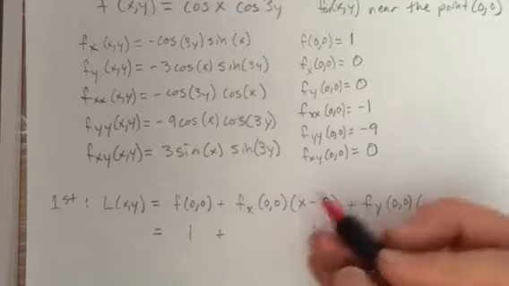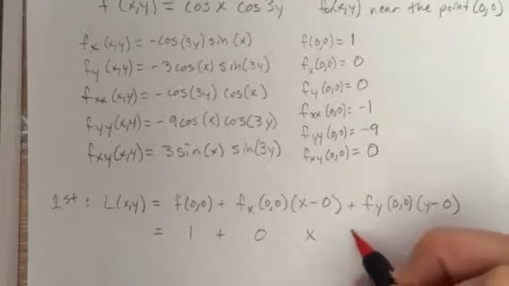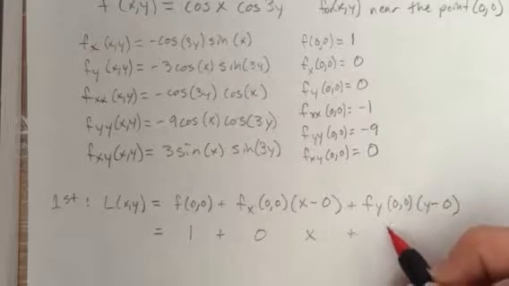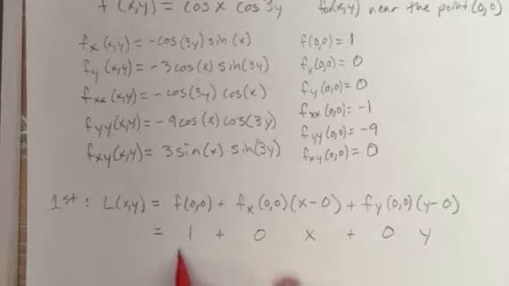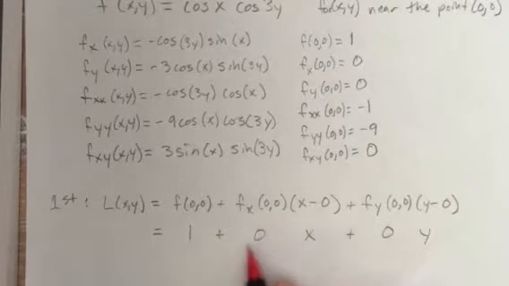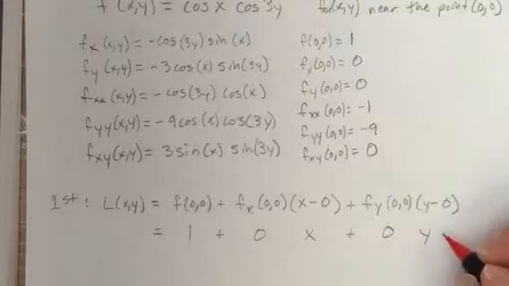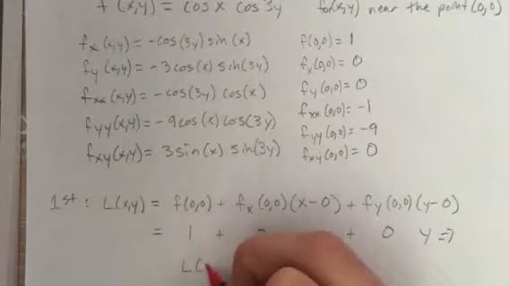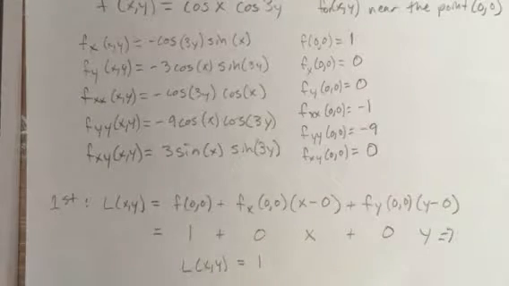So just for the sake of showing what this equals, we have a 0, we have an x, and this is going to be plus your partial derivative for y at that point, which is also a 0, and this also becomes a y. So if you look through this, this is going to cancel out because it's 0. This cancels out at 0. So you end up with this equaling, so we'll put this right here, L of xy is equal to 1.